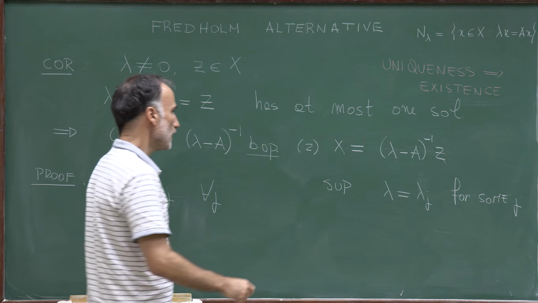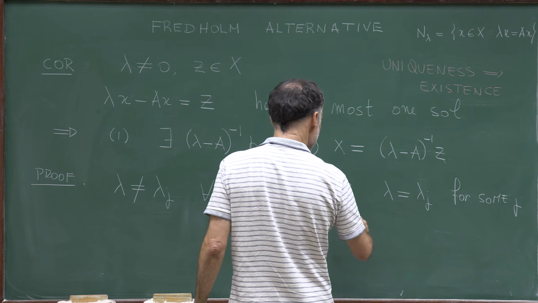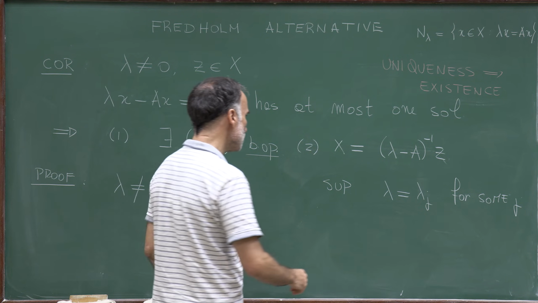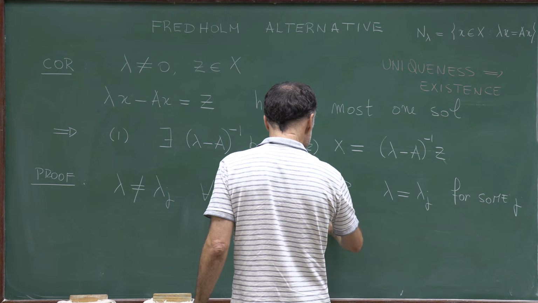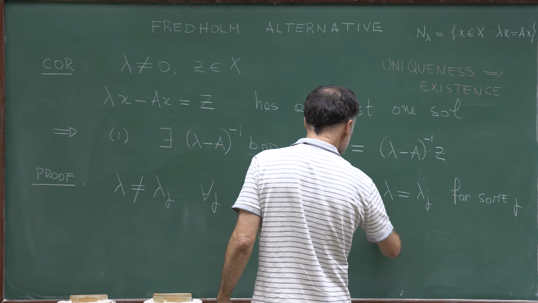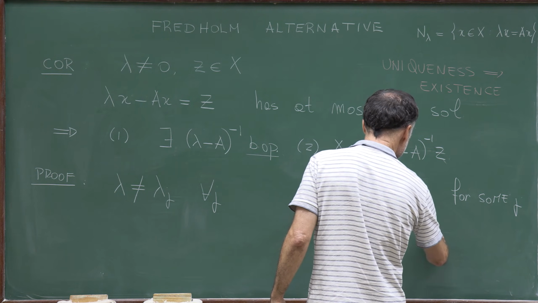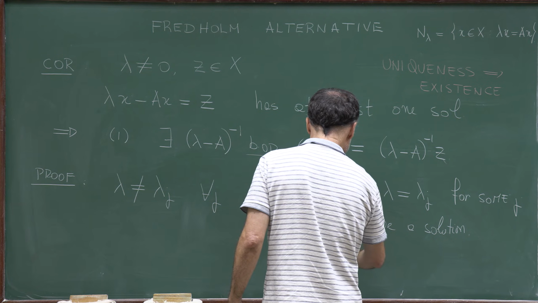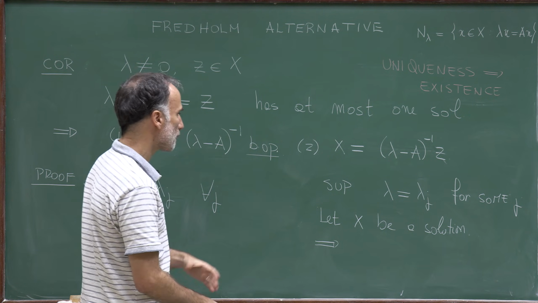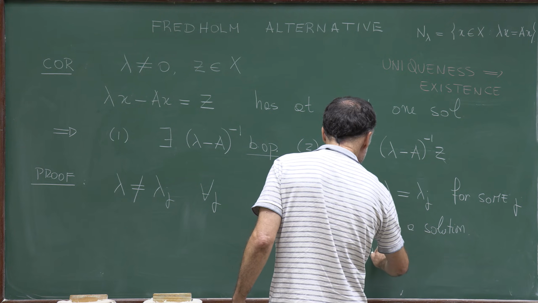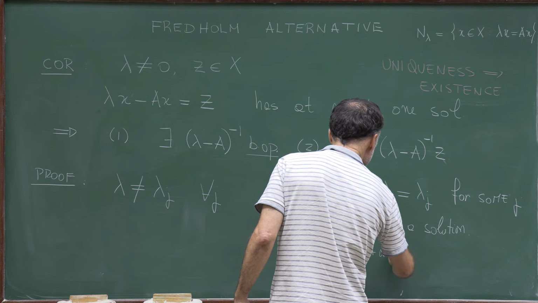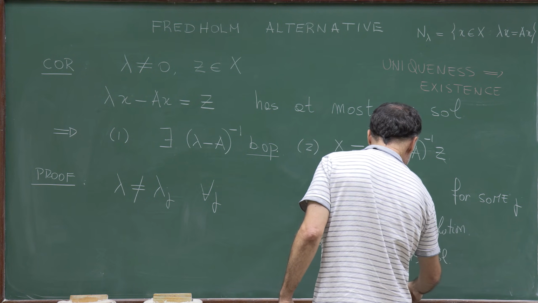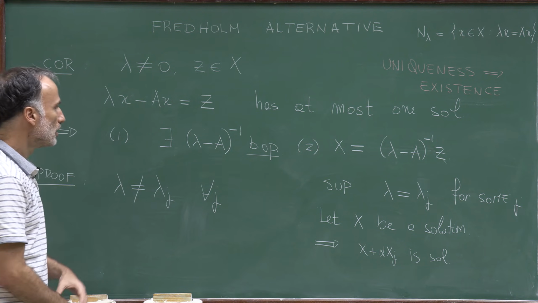Well, then you take a solution. I will show that there exists more than one solution. Let x be a solution. I claim that x plus α x_j is a solution. And why is that so?